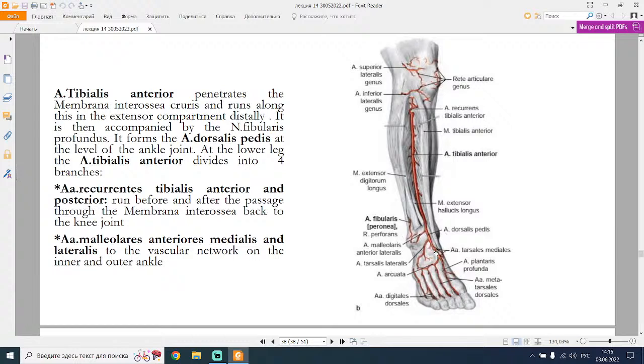At the lower leg, the arteria tibialis anterior divides into 4 branches. Arteria recurrens tibialis anterior and posterior run before and after the passage through the membrana interossea back to the knee joint.